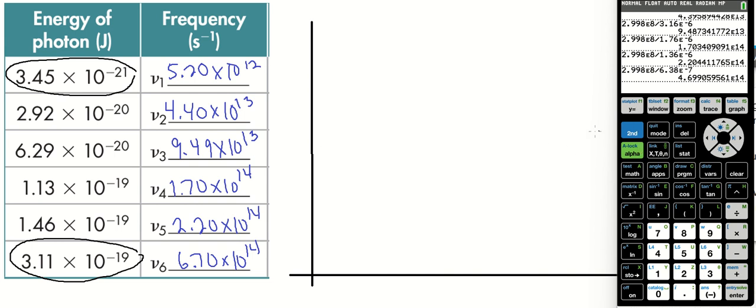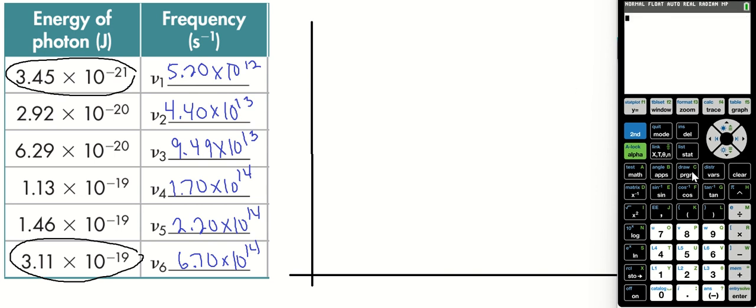So let's put this stuff into a list here. Clear my calculator. I want to stat, edit.